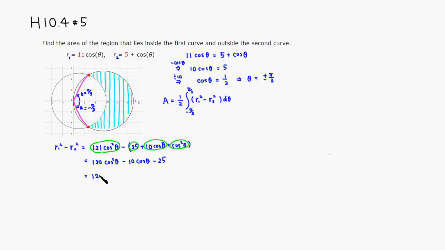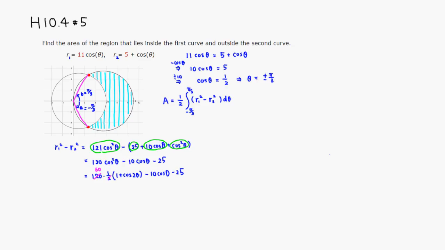Alright, then since we need to find the antiderivative, I'm going to replace cosine squared by 1/2 times 1 plus cosine of 2 theta, so 120 times 1/2 of that, and a minus 10 cosine of theta minus 25. We can cancel 2 and 120, so that would be 60.